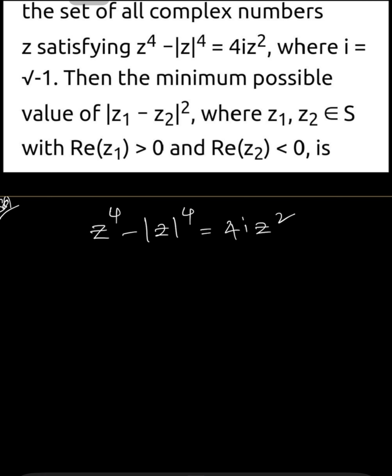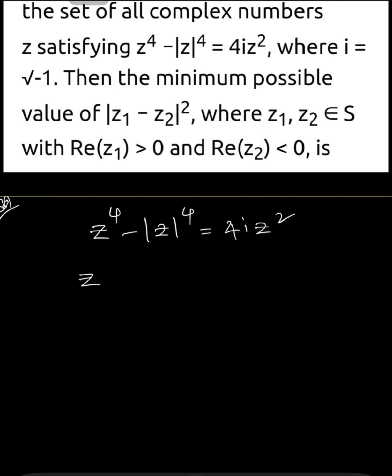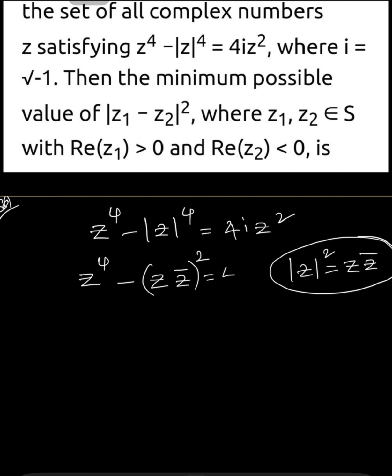Now, as we know, mod z square is z into z bar, so I can write this as z bar whole square because mod z square equals z into z bar, and that is equal to 4i z square.